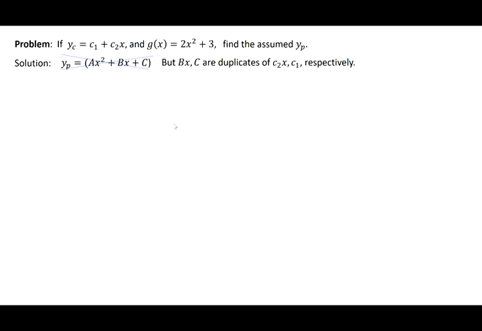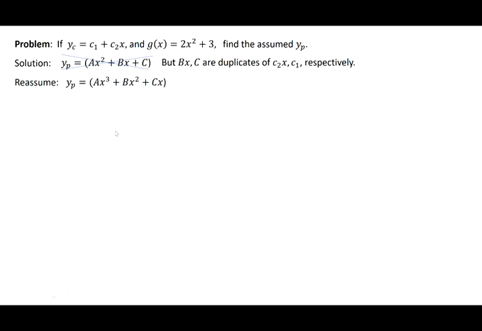I like to clearly cross the thing out. Clearly in the sense, don't scratch it. Just make sure that it's visible, but at the same time nicely crossed out. So reassume. What should we do? We should multiply the original y sub p by an x.